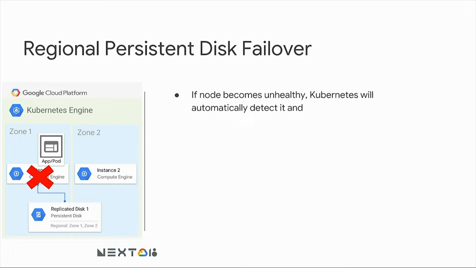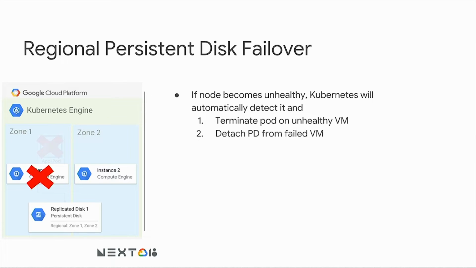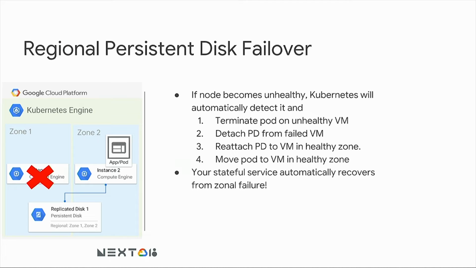Kubernetes is automatically going to detect this, and it's going to terminate your app from the unhealthy zone and prepare it for moving, and it'll automatically detach the volume from the node in the first zone and attach it to the healthy node in the second zone. And move your workload over as well, and your stateful service basically automatically heals from a zonal failure without you having to intervene at all.